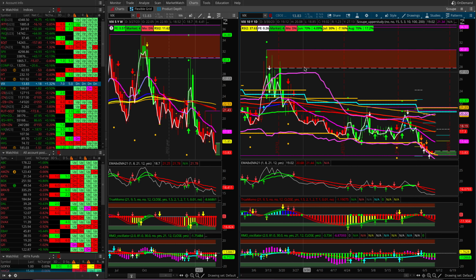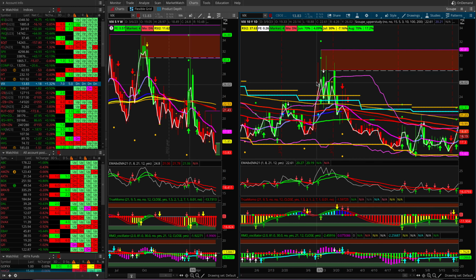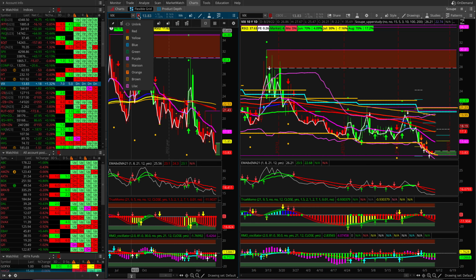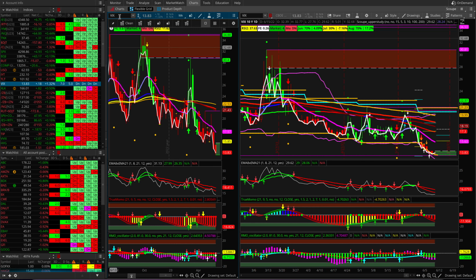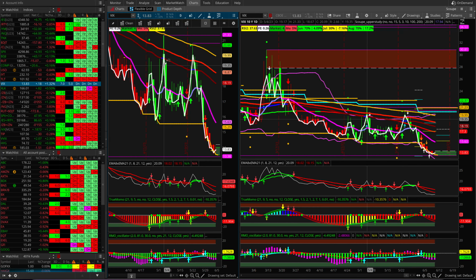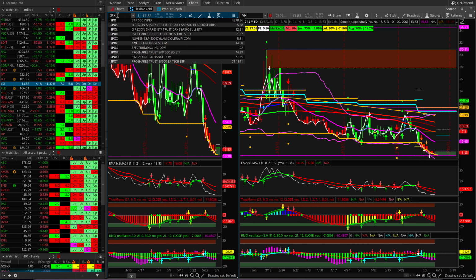I'd have to decouple some things here to show you what the stock market does when the VIX does what it does. But heck, why not? We'll unlink that and we'll make this daily, and then we'll make this the SPX.